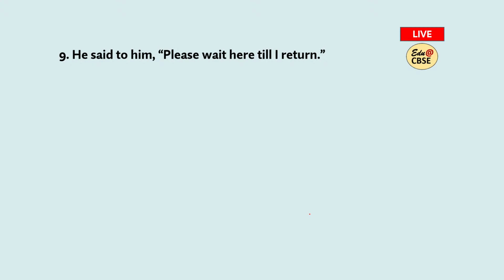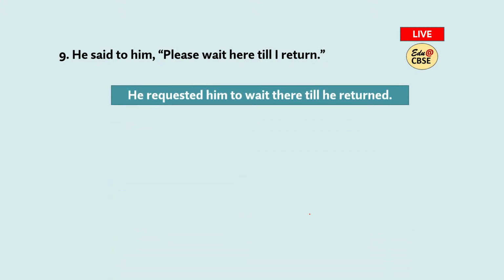Now let's see which is the correct answer. Good, Anish. He requested him to wait here until he returned. Okay, so this is the correct answer. He requested him to wait there till he returned. So for please, all of you have written requested, so that is the correct thing. He requested him. So till here, all of you are correct. Now, wait here till I return.